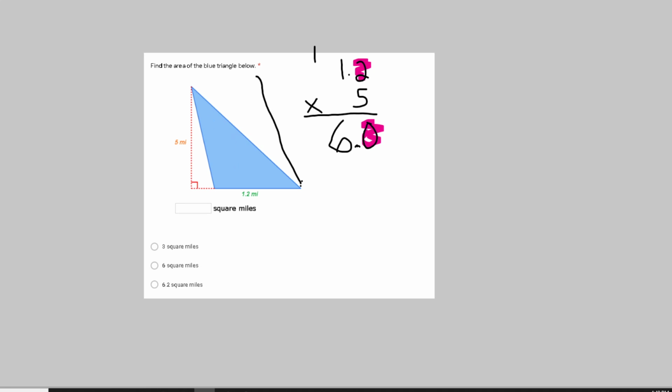So again, this triangle is just half the parallelogram. So we're going to take this 6 and divide it by 2 since it's a triangle. So our answer is going to be 3 square miles. Most people that got this wrong put an answer of 6 square miles. So that's not the answer, so just be careful. Make sure you're always thinking, what's the question actually asking for?